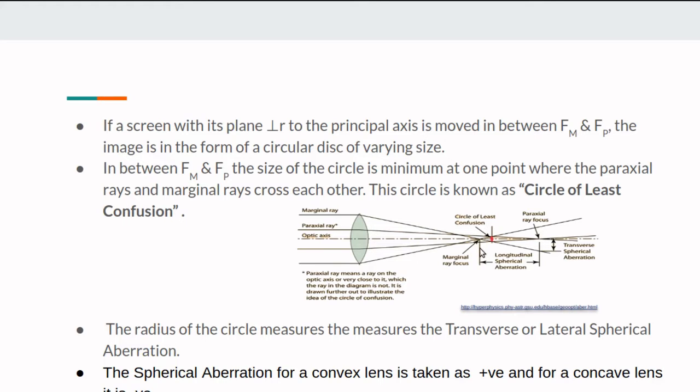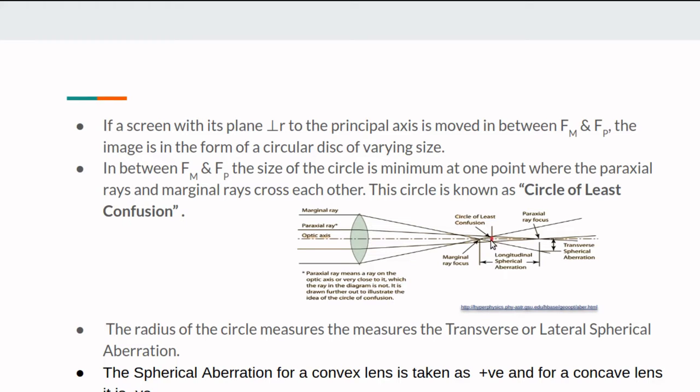But for a single object, we should observe a single image. Due to this defect, instead of a single point image, a number of circles of different sizes are observed. At one position where the marginal and paraxial rays cross each other, a circle of least area is observed.